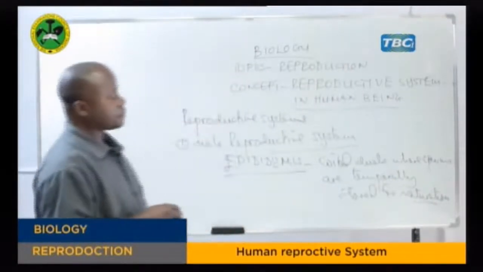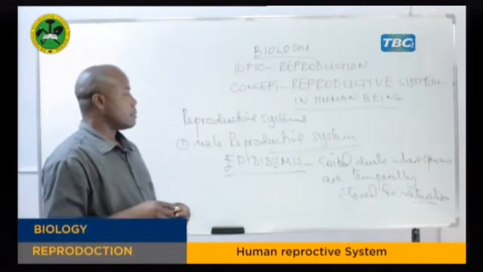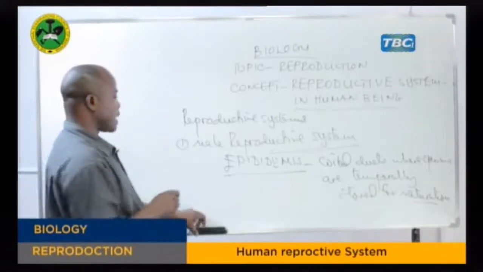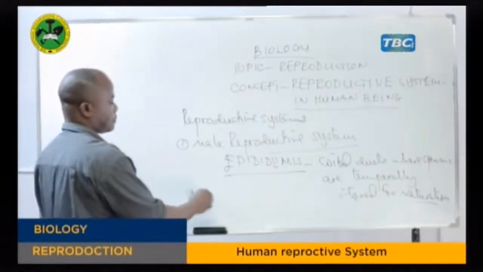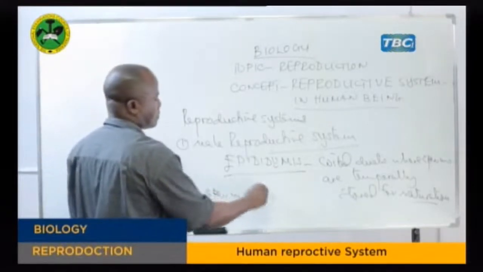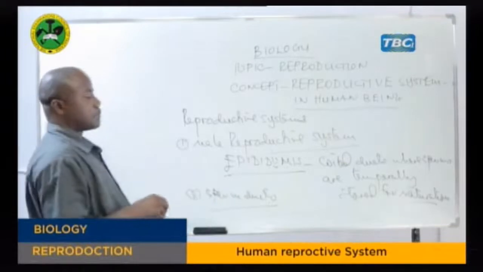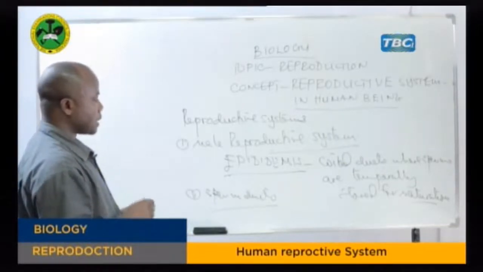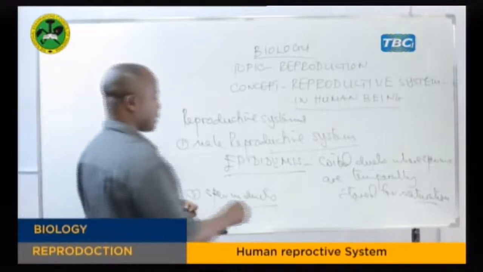Not only that, the male reproductive system also consists of the sperm ducts. The sperm ducts transport the spermatozoa from the epididymis to the urethra.